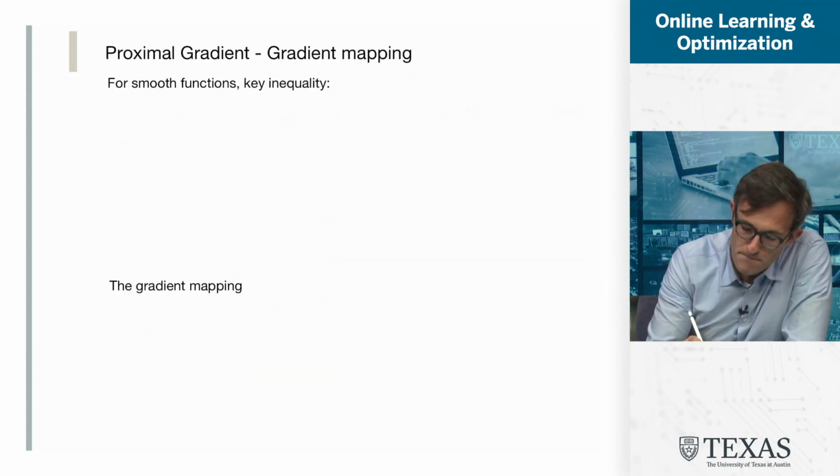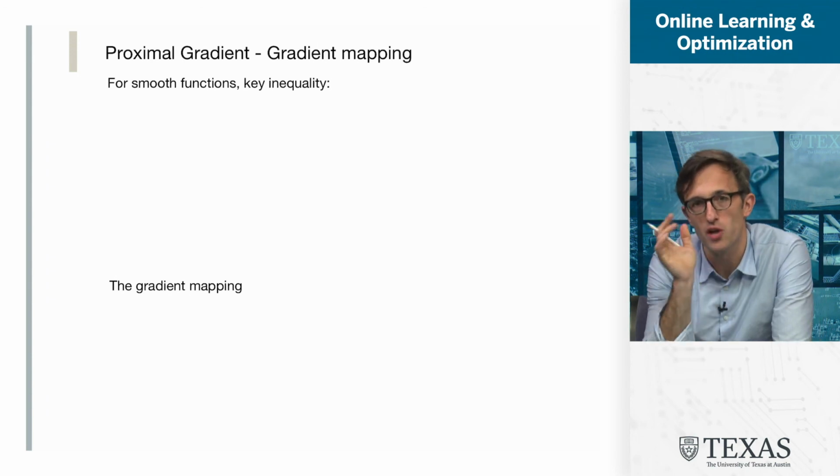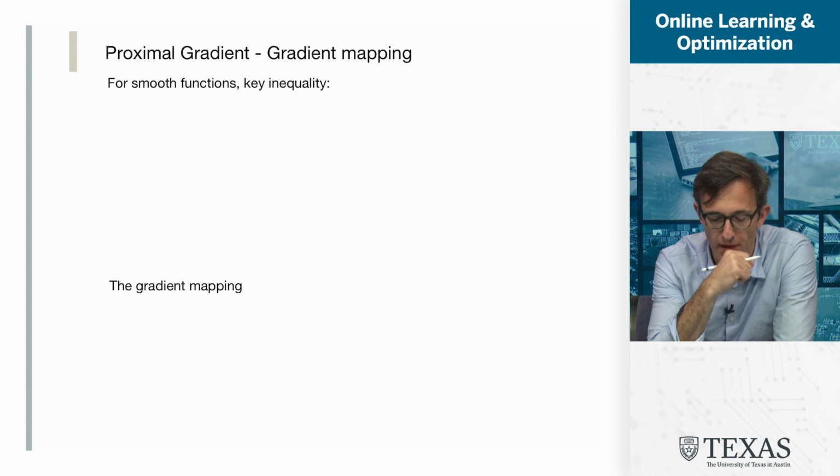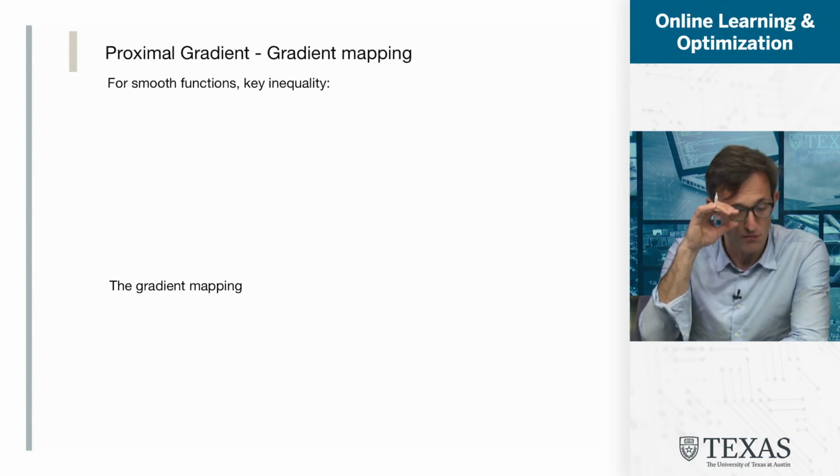Okay. Now, we want to give a rate of convergence for the general proximal gradient algorithm. And let's think back again to what was the main thing that we needed for smooth functions.